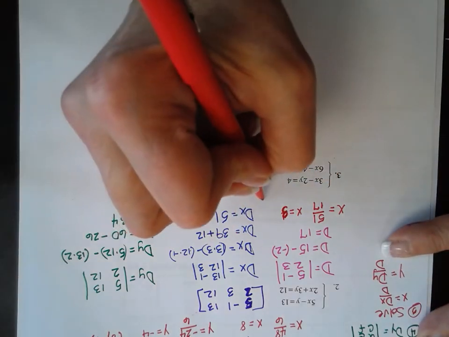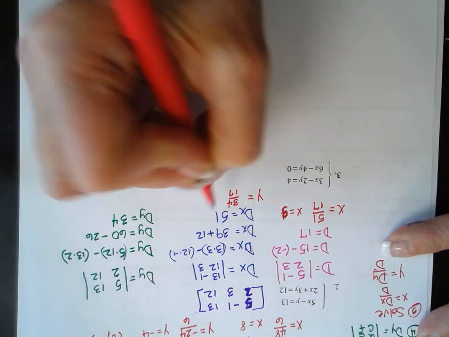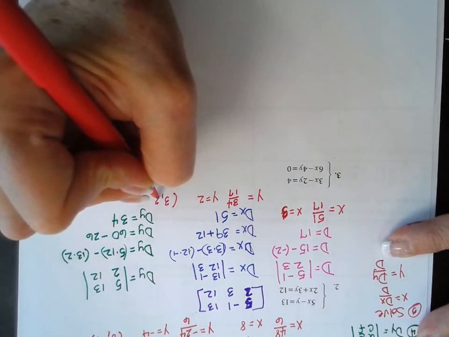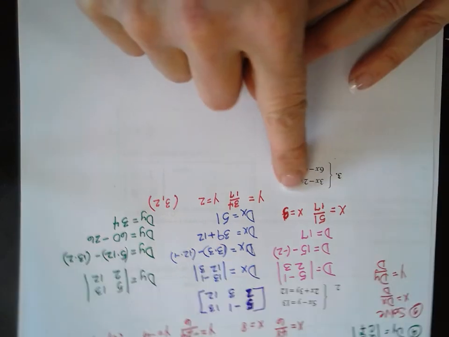And D of y is going to be 34 divided by 17. So y is 2. And so my solution is 3, 2.